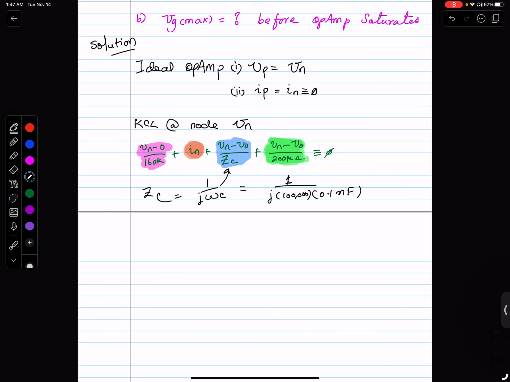Now, we can simplify this equation by factoring out Vn.